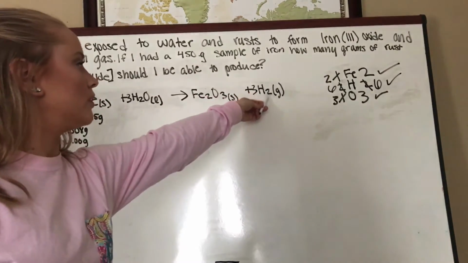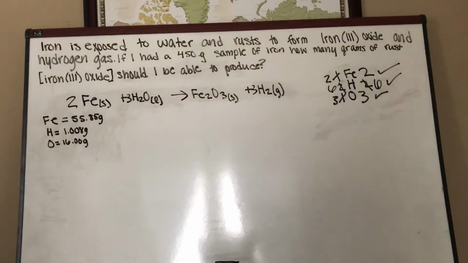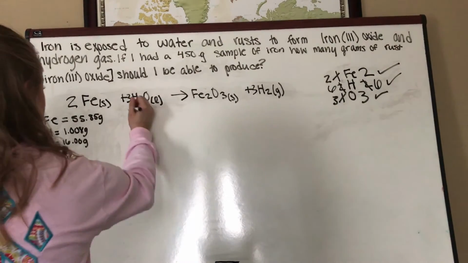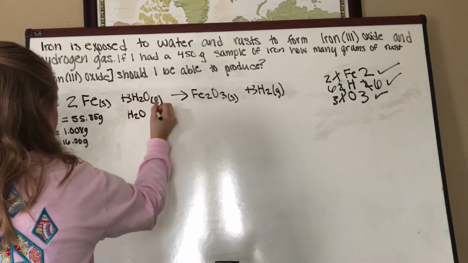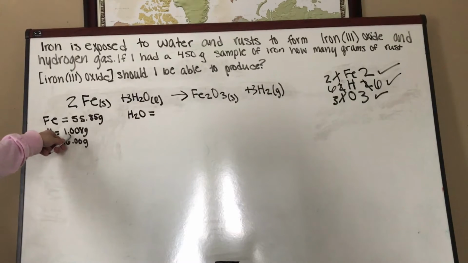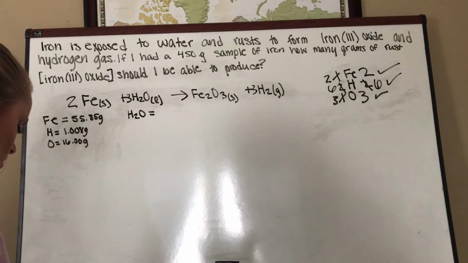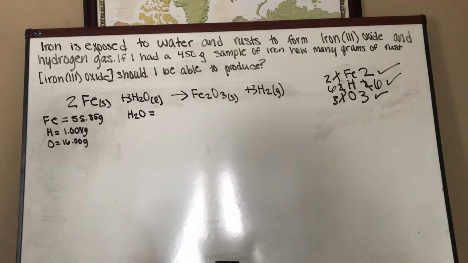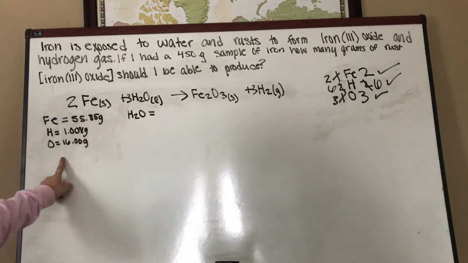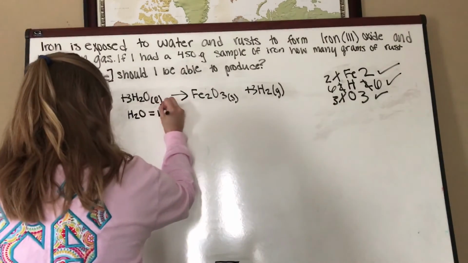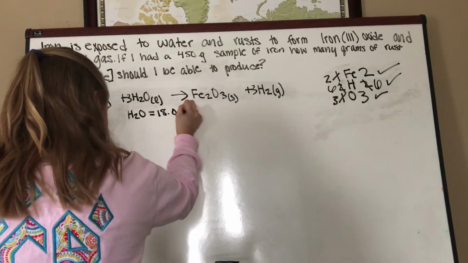Now we want to find the molar mass of our compounds. Three compounds, actually, because we have H2, so we need to add that up as well. For H2O, you take the 2 hydrogens, which is 2.016, and add that to the 16.00 grams of oxygen, and that will give you 18.016 grams.